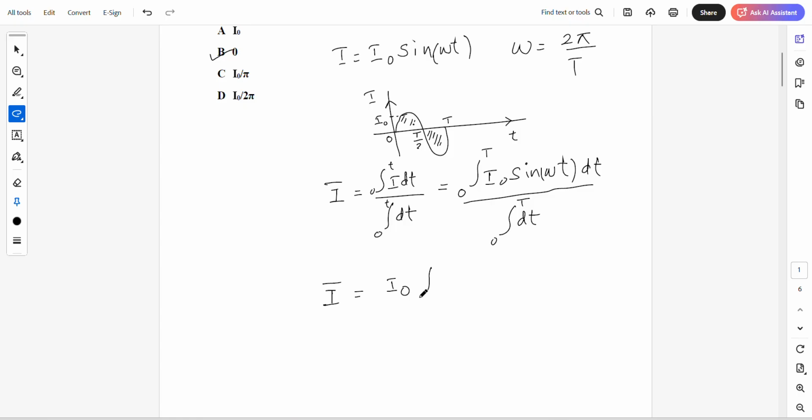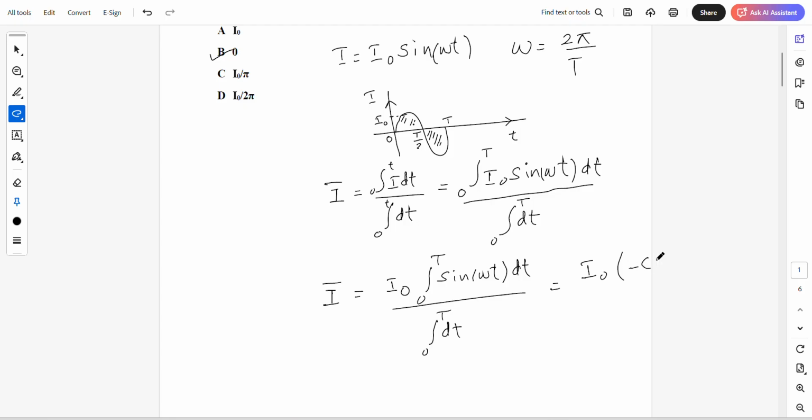I naught is a constant, so I can take it outside. Integral of sine of omega t with respect to t, divided by integral of dt from 0 to T, is equal to I naught times. What is the integration of sin omega t?